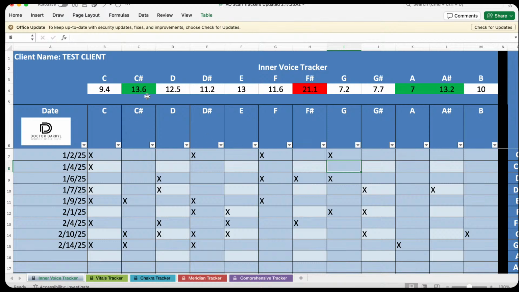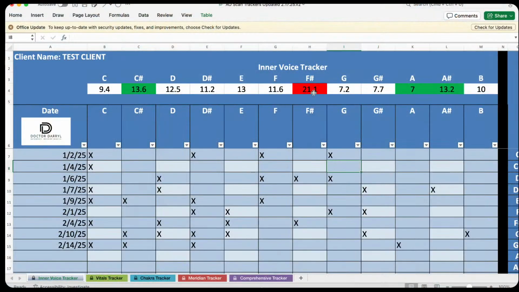In this case, you have 3 that are green and 1 that's red. Again, I just made this up so that I could create the scenario I'm trying to give. In this case, 21.1 is red, and it's the only one that's not green. If I had a client like this, I would take that 1 note and say, what is that 1 note?